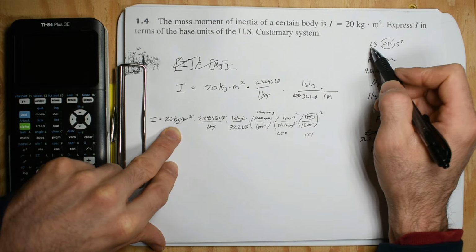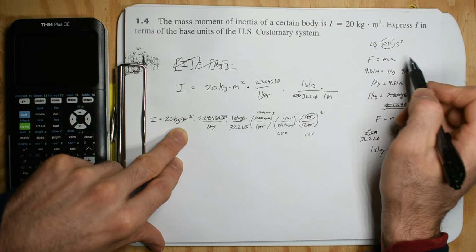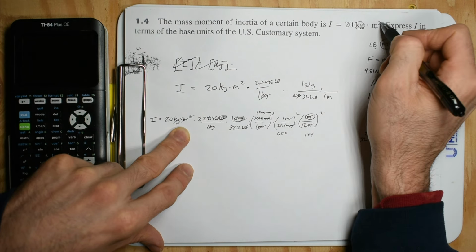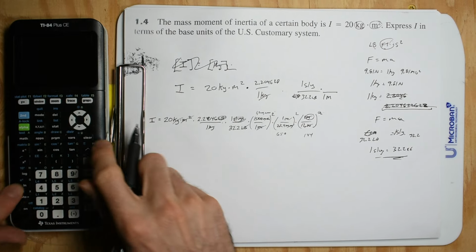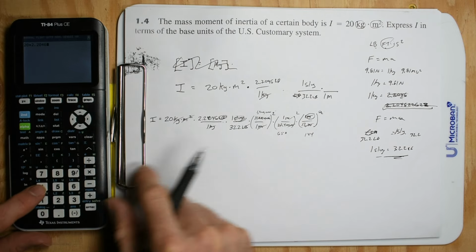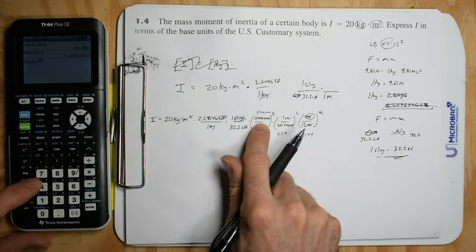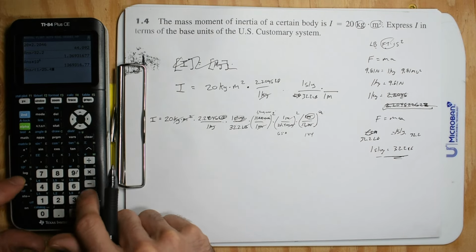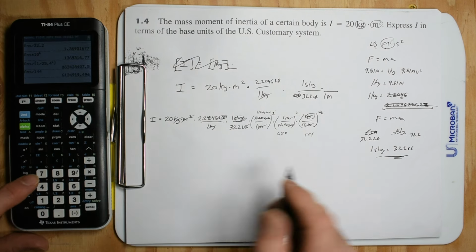No, we're just left with mass and distance squared. We're left with slug, feet squared. Perfect. So let's put it into our calculator. We got 20 times 2.2046 divided by 32.2 times 10 to the 6, which is a million, divided by 1 divided by 25.4 squared, divided by 144, if you want to just do it that way.